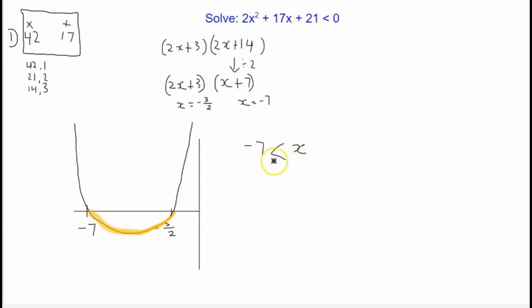Make sure you write less than, not less than or equal to, like for the first question, because in your question you're given a less than sign here, so use this sign, and then that's less than -3/2. You can't really see it from here, but that's -3/2, and that's your answer.